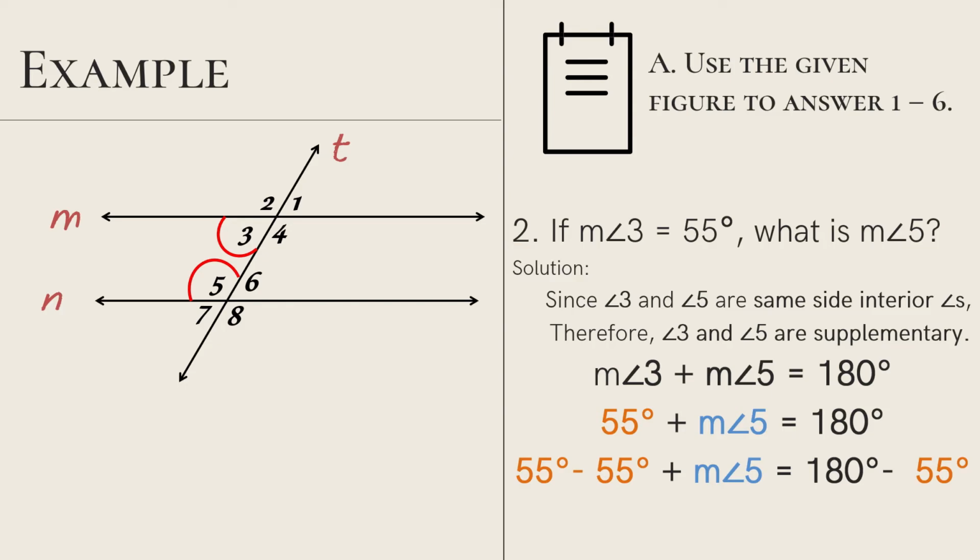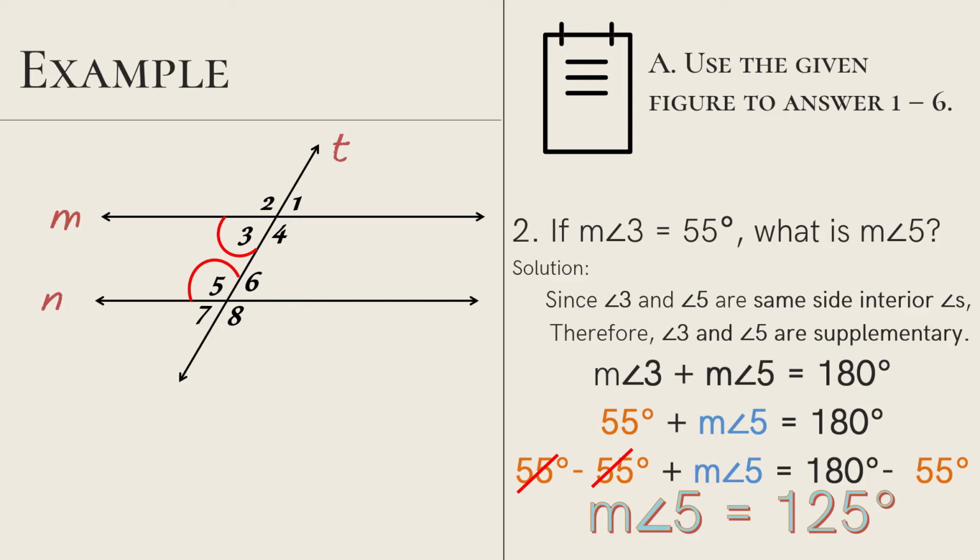To do this, we have to subtract 55 on both sides of the equation, or we have to apply the addition property of equality. 55 minus 55 will be cancelled out, and 180 minus 55 is equal to 125. Therefore, the measure of angle 5 is equal to 125.